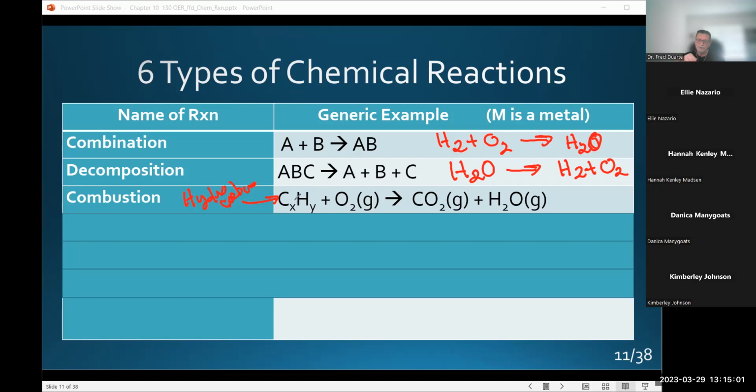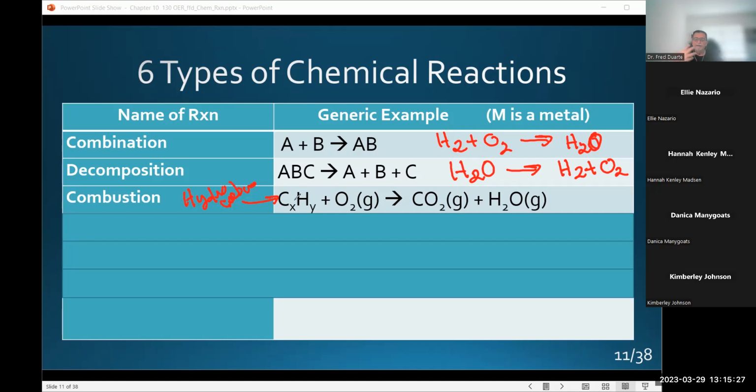X represents the subscript for carbon. The smallest hydrocarbon there is methane, where X is 1 and Y for hydrogen is 4. And from there, they go into much bigger numbers, okay? But we're going to focus on the combustion of hydrocarbons.